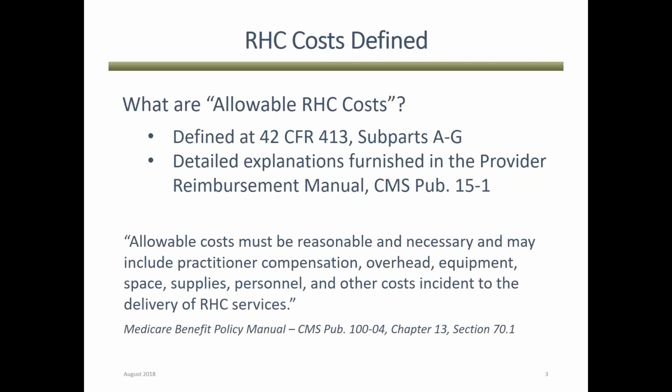Detailed explanations about the types of expenses that are allowed or not allowed are furnished in the Provider Reimbursement Manual, that is CMS Publication 15.1, and that manual is generic to all types of Medicare allowable and non-allowable expenses. So those are readily available, as I said, online.